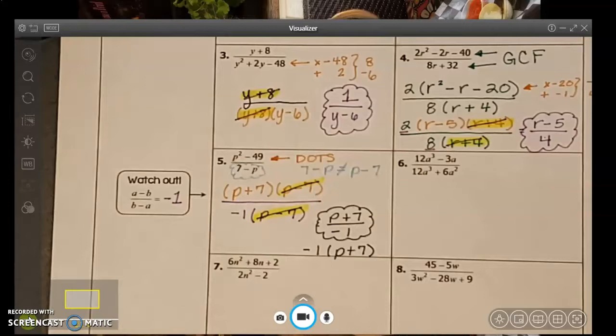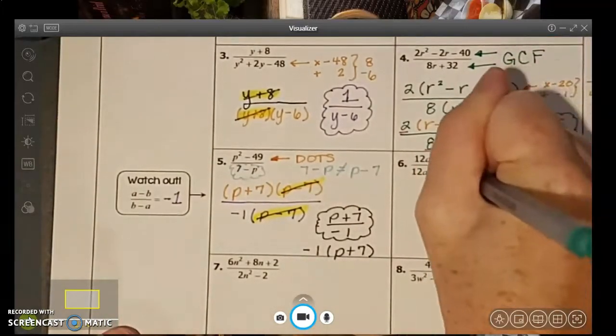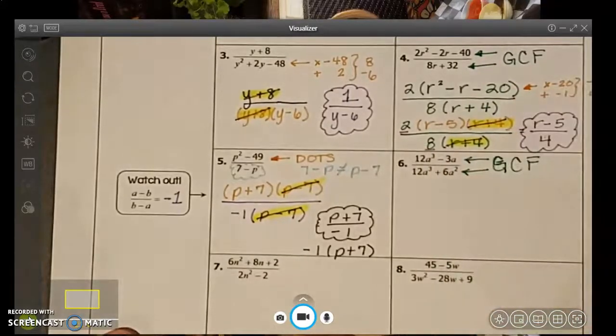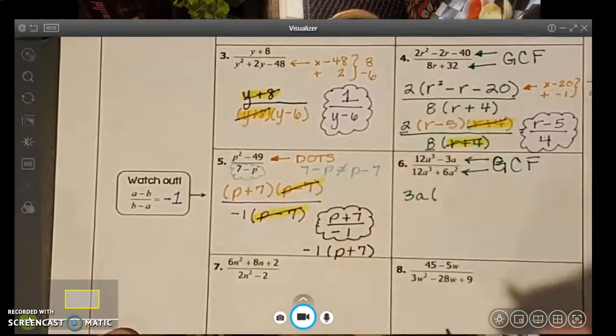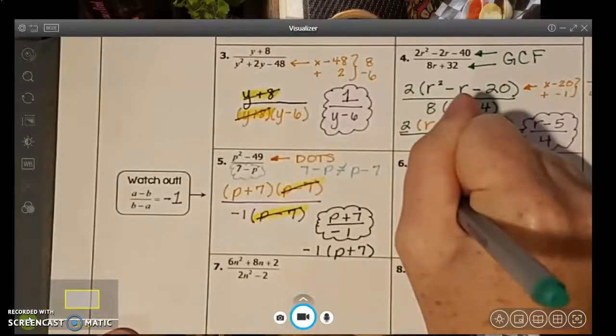All right, we have just a few minutes here. The one I want to go over next, let's see, we can do number 6 next. For both of these, we're going to factor out a GCF, in both the numerator and the denominator. In that numerator, I'm going to factor out a 3a, and that will leave me with 4a squared minus 1.